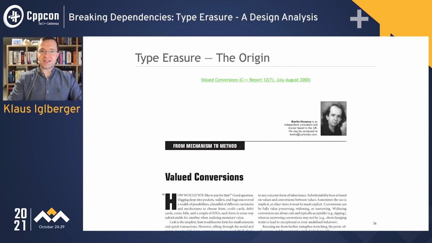The author was Kevlin Henney. And in that paper called Valued Conversions, he actually describes a std::any. Pretty much exactly the thing that we're using today. He already described it in 2000. And by that, I believe he could be named the inventor of type erasure. He didn't name it that way, but at least to my best knowledge, I do him the favor and call him the inventor.